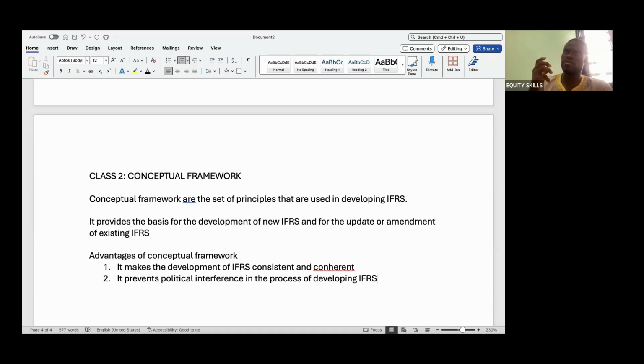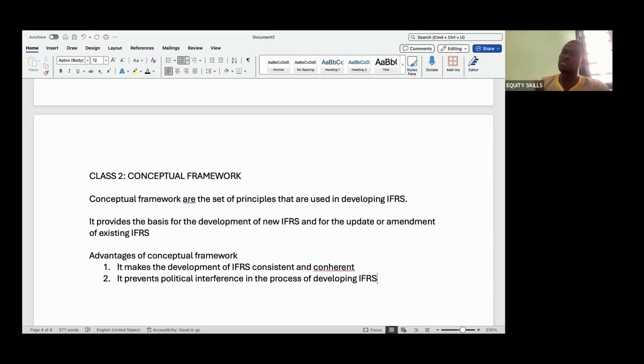So if there is a basis of reporting assets of all major companies that makes their balance sheet size look more attractive, politicians will want to interfere and ensure that people responsible for developing standards follow that route.